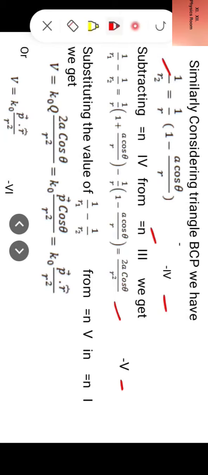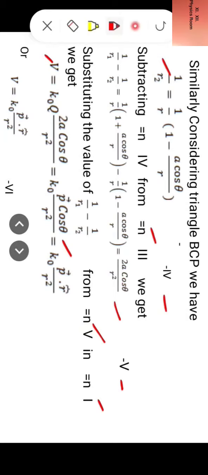Now substituting the value of 1 by r1 minus 1 by r2 from equation 5 in equation 1, we get V equal to k naught q into 2a cos theta by r square, or it is equal to k naught p cos theta by r square, because 2qa is equal to p, because p is equal to q into 2a.